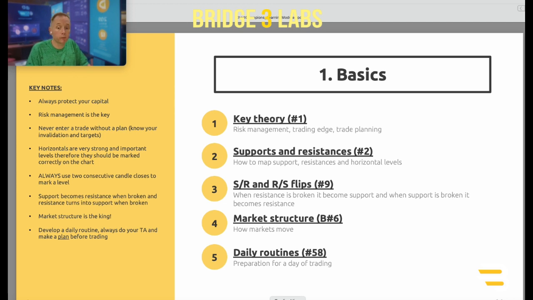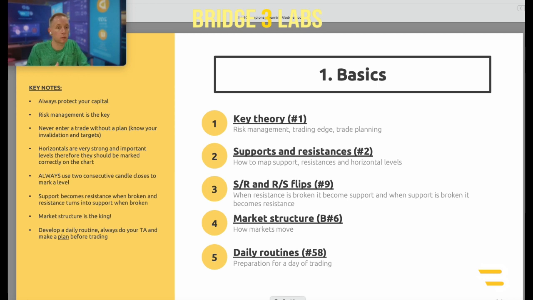I'm a big fan of market structure and pushing people to learn it, because if you're able to identify market structure looking at a chart real fast, you'll be so much further ahead, in my opinion, than the majority of people, and you won't be stuck with decision paralysis.